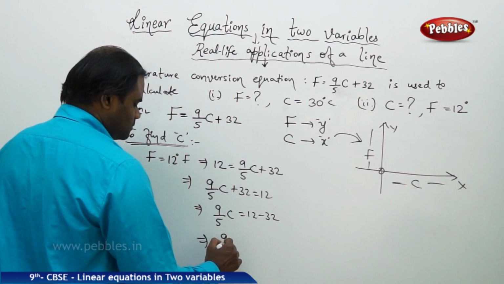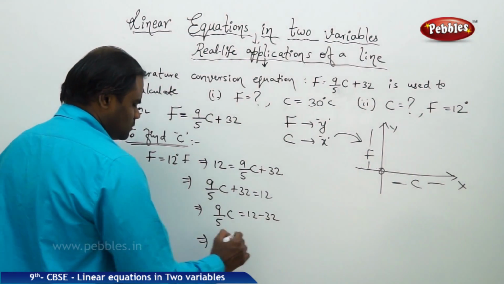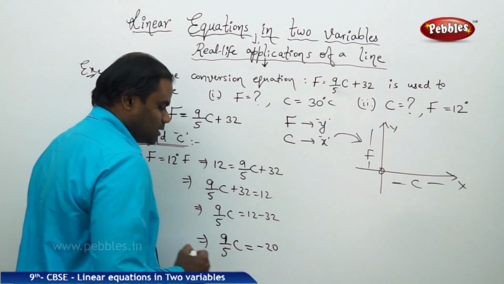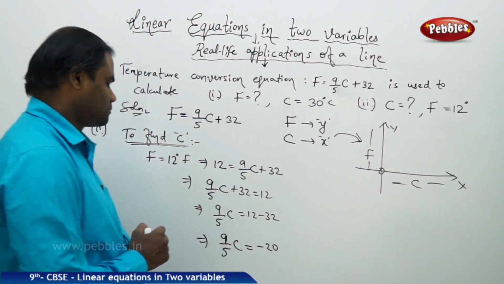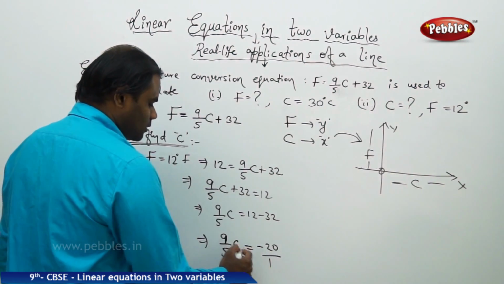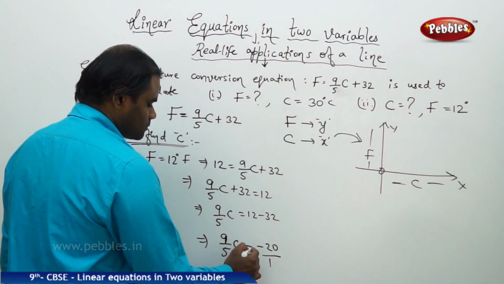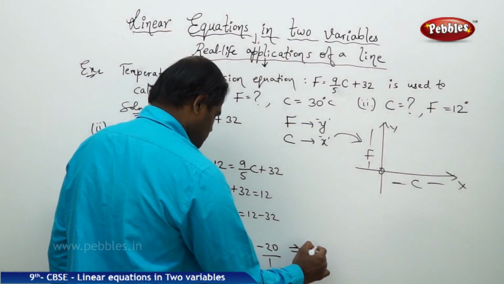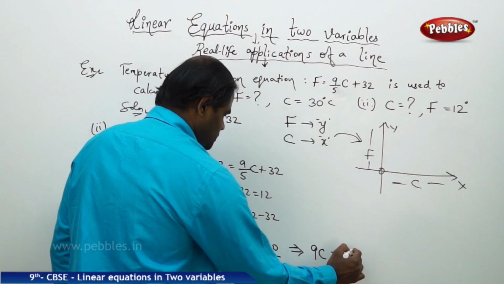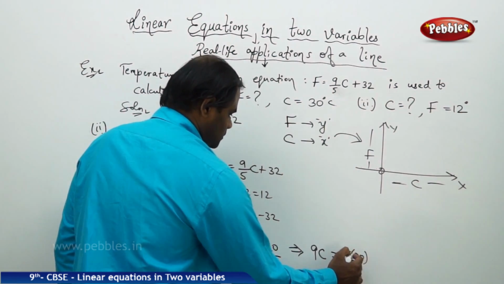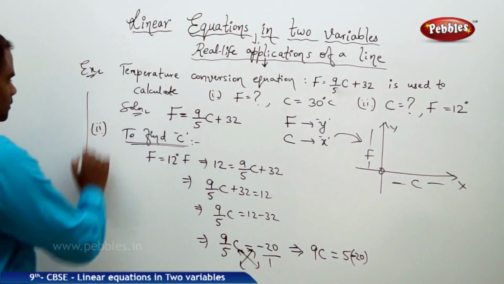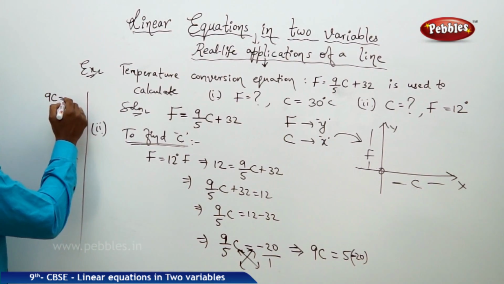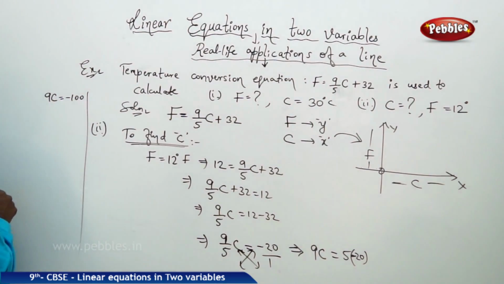That implies 9 by 5 C is 12 minus 32, which is minus 20. And then on cross multiplication, 9C is 5 times minus 20, which on further simplification gives us 9C is minus 100.